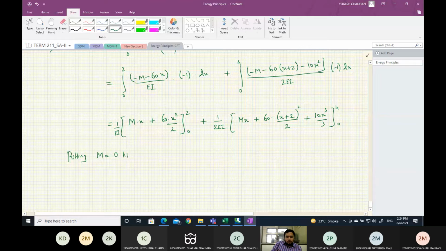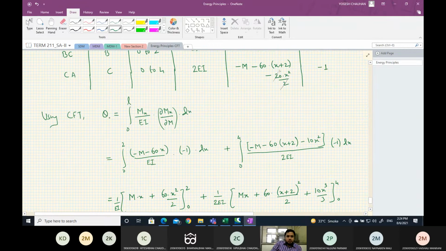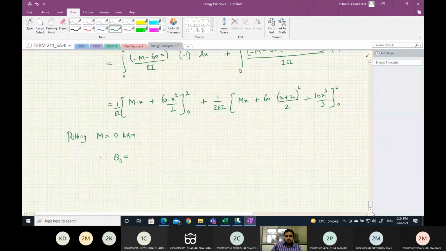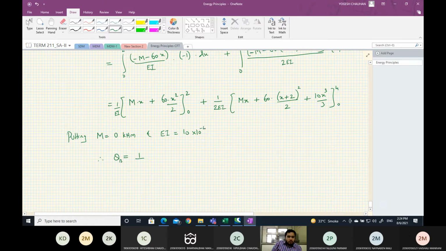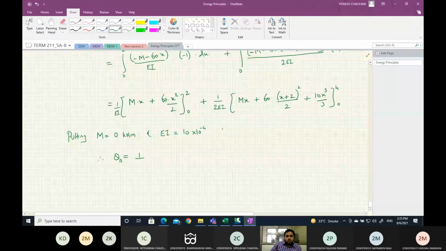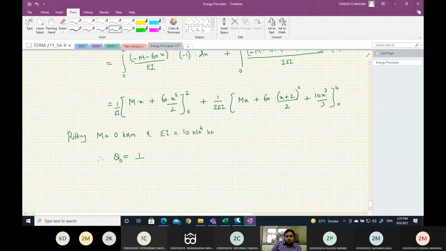So put m equals to 0 kilonewton meter. So this is theta b, we are finding theta b, and put EI equals to 10 into 10 to the power 4 kilonewton meter square.